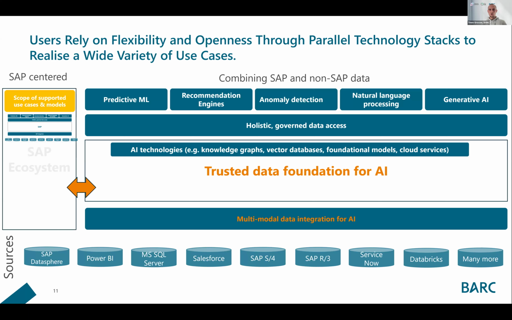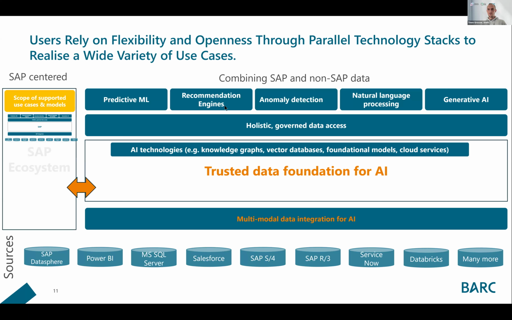So we need to broaden the strategy and include really all databases, or nearly all databases, or many more databases to be ready for AI, because we also have the need to implement other kinds of data storage. For example, listed here, it's knowledge graphs, vector databases, foundational models. We need multimodal data integration for AI, because it's not ETL only.